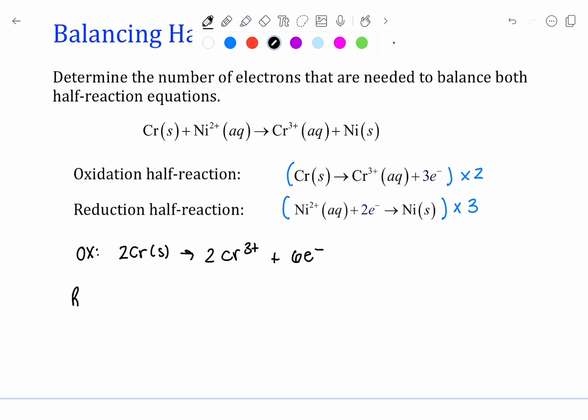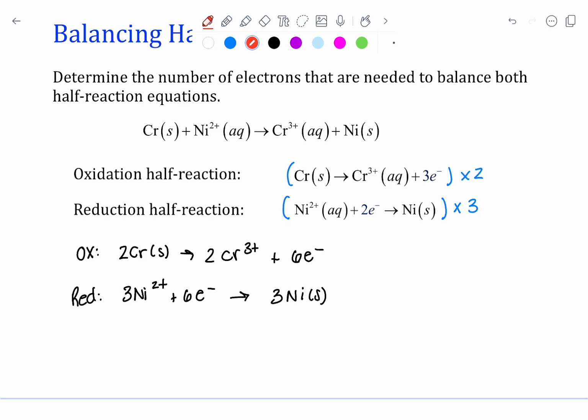And our reduction half reaction turns into 3 nickel ions plus 6 electrons goes to 3 nickel solid.